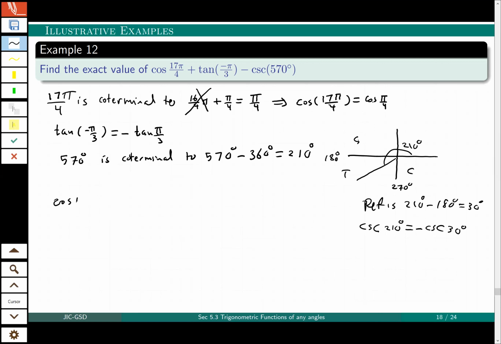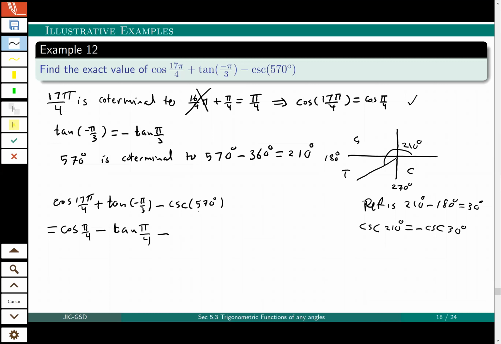Cosine 17 pi over 4 plus tan minus pi over 3 minus cosecant 570 is equal to cosine pi over 4, as we said, because it's coterminal. This negative will go outside, so it will be negative of tan pi over 3.